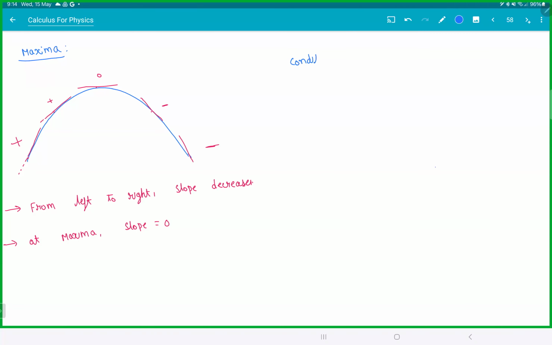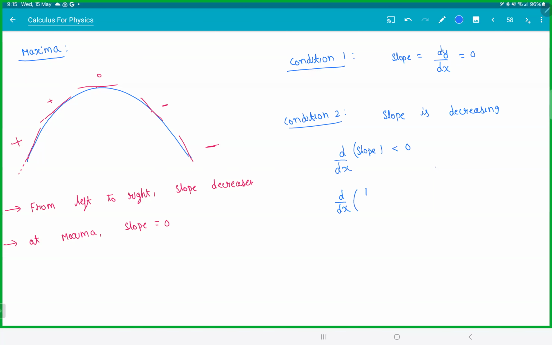So whenever you want to find maxima, condition 1: the slope, or the first differential dy by dx, is 0. Condition 2: slope is decreasing. That means the rate of change of slope is negative, but the slope itself is dy by dx, meaning differentiation of differentiation, the double differential.